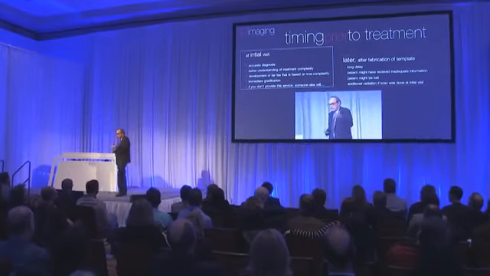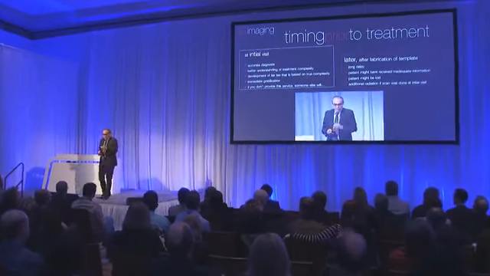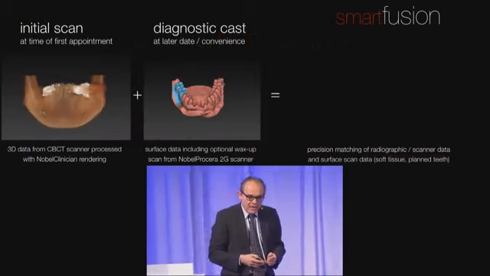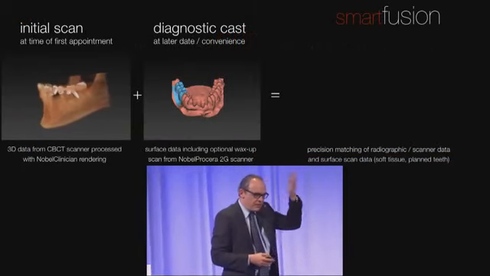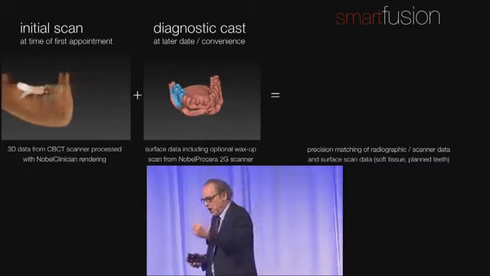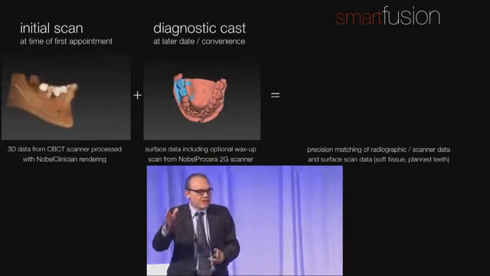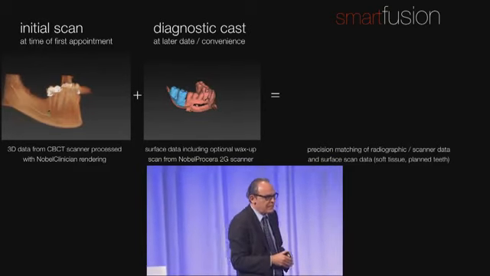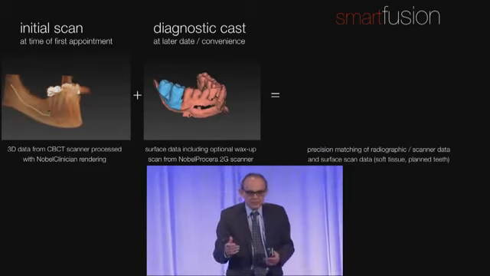So we do it at the initial visit, knowing that we can build onto that CAT scan with our Smart Fusion. The way to really think about Smart Fusion is the doc takes the CAT scan without any surgical template or any radiographic template at the beginning of the treatment.